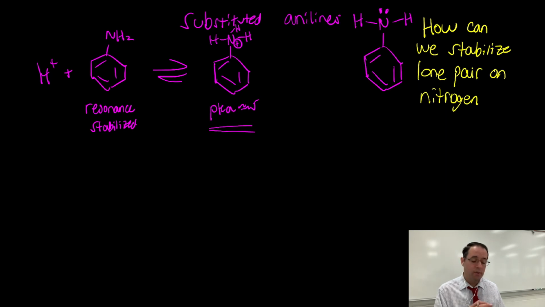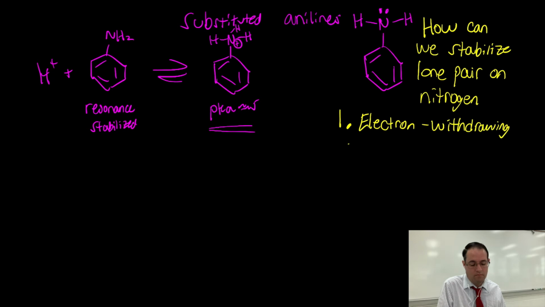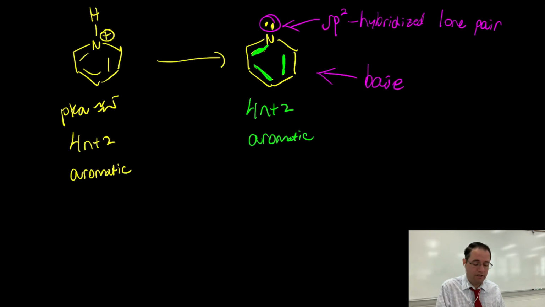So we already know that we can stabilize the lone pair on nitrogen by an adjacent phenyl ring because of all the resonance structures that stabilize that lone pair. But think about how else you can stabilize lone pairs. You can stabilize that with electron withdrawing groups in the ortho-para direction. So you can add electron withdrawing groups, specifically at the ortho and para positions.